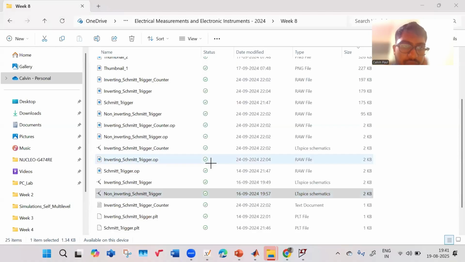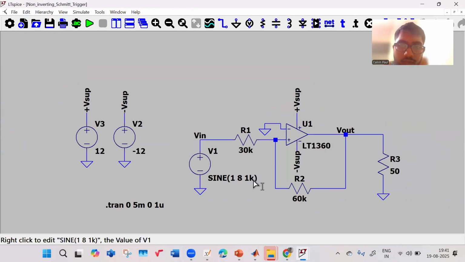Non-inverting Schmitt trigger. This is the way. Can you see it? Yes, sir. The negative terminal is grounded. So always in this Schmitt trigger circuit, you will have positive feedback. So your output will be connected to the positive terminal.